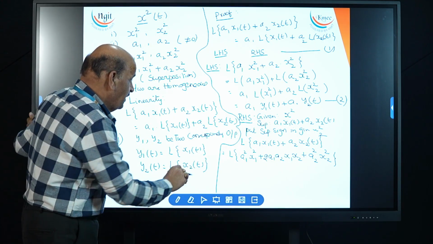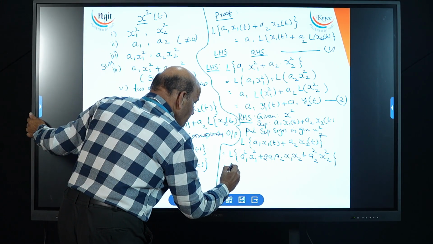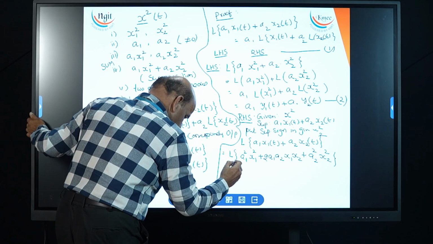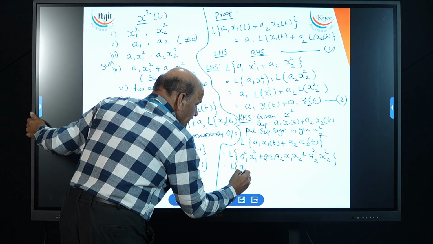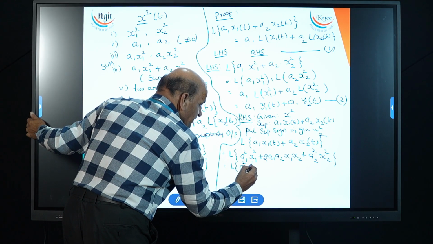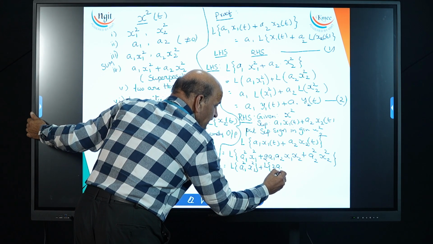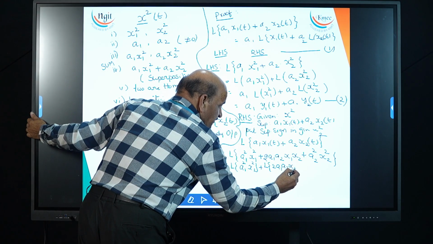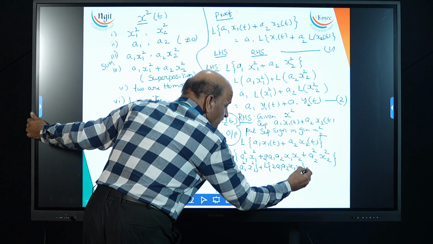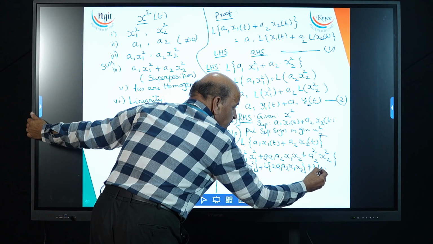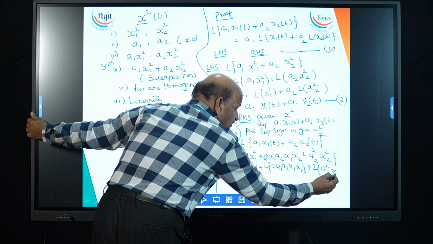Now divide individually: A1 square x1 square plus L of 2 A1 A2 x1 x2 plus L of A2 square x2 square.